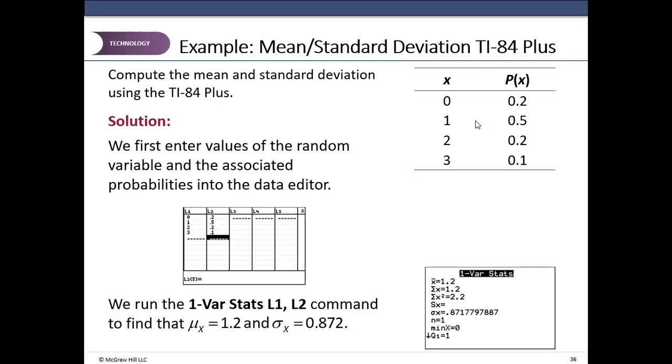Go to the top of L2 and enter the corresponding probabilities: 0.2, 0.5, 0.2, and 0.1. Now press stat, calc, 1, where X list is L1, frequency list is L2, calculate. And if you look through, you will get sigma x, the standard deviation, as 0.872.